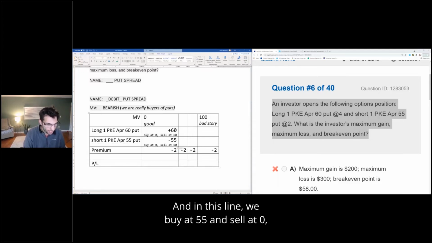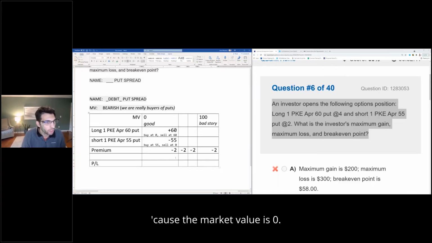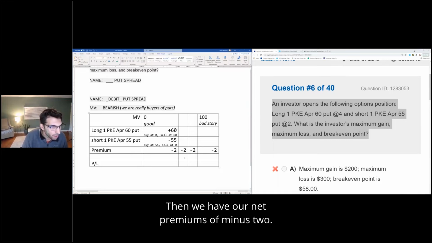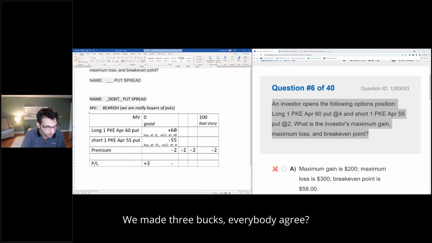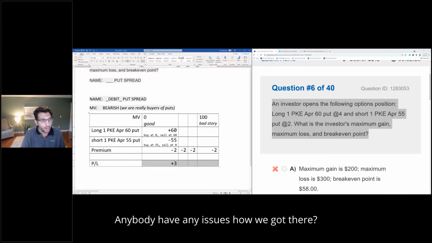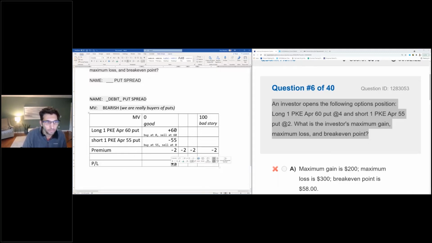And in this line, we buy at 55 and sell at 0 because the market value is 0. Then we have our net premiums of -2. We made $3. Everybody agree? Anybody have any issues how we got there?